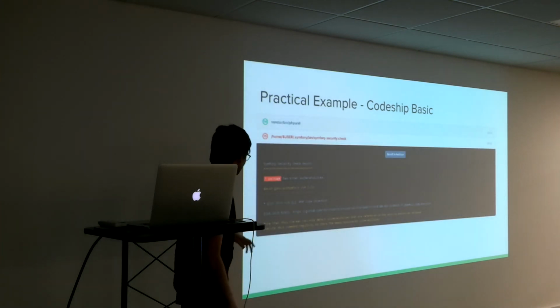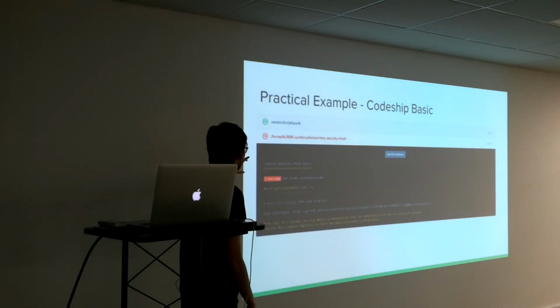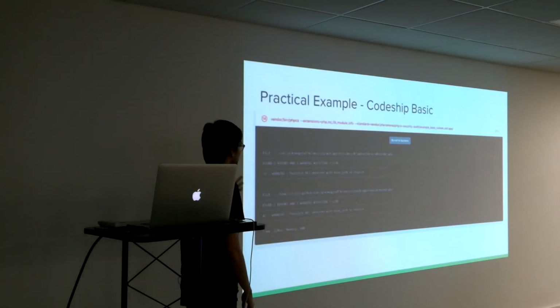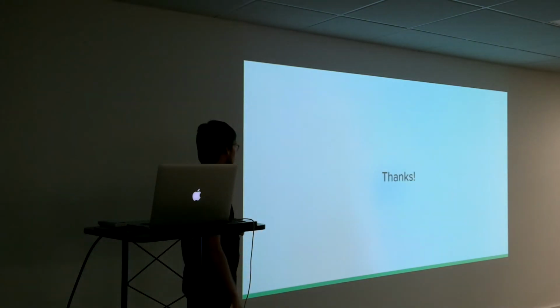And then this is an example, not very clear on this projector, of what you'd get on CodeShip if you had an unsafe dependency in your code. So essentially your build would fail and it tells you which dependency is unsafe. And a similar example showing a known vulnerability in the code itself. Thank you.